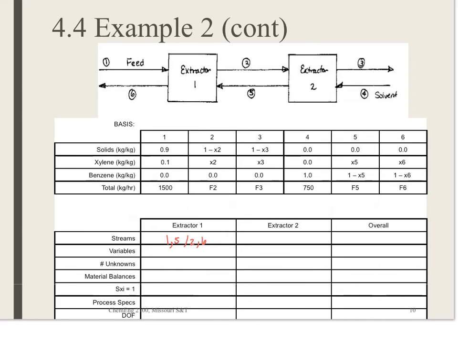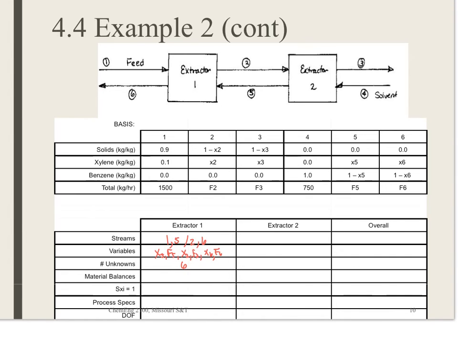The variables associated with those streams, well, stream 5 has X5 and F5. Stream 2 has X2 and F2. And stream 6 has X6 and F6. So we have a total of 6 unknowns.